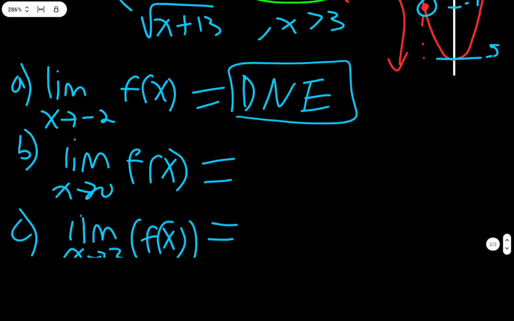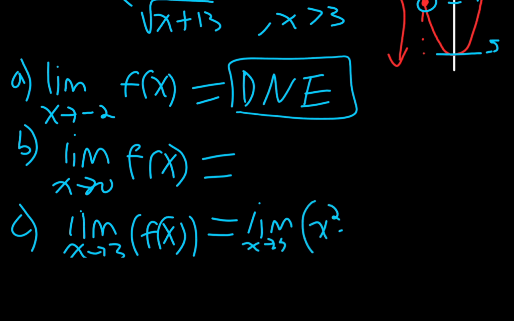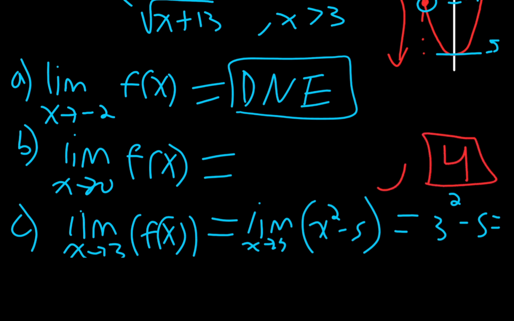So we're going to plug our 3 into the x squared minus 5 function. This is going to be the same thing, the limit as x goes to 3, this time of x squared minus 5. If we plug this in, it's going to be 3 squared minus 5, which equals 4. So therefore our answer is 4 for this function.